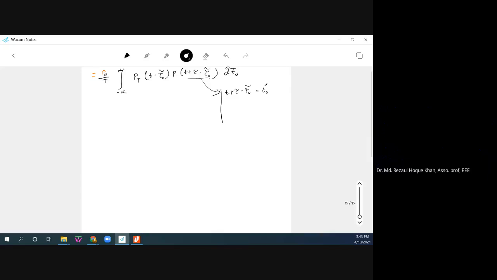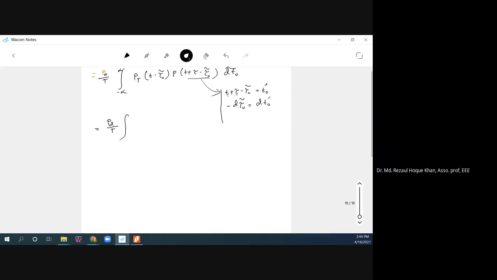So this will be differentiation, dt will be 0, tau will be 0, this will be minus dt0 tilde equal to dt0 prime, right? Again we substitute it, we replace it.